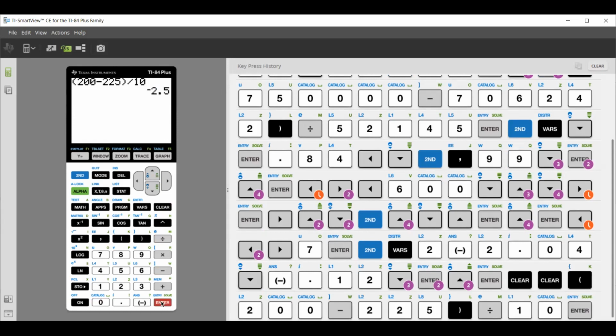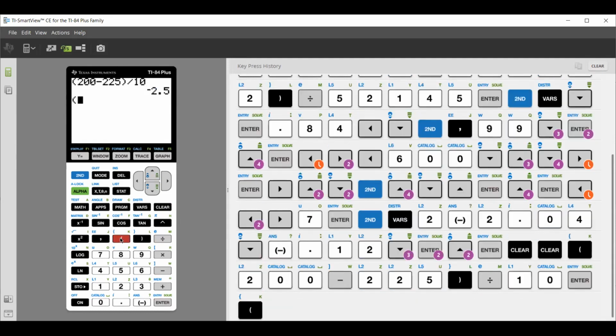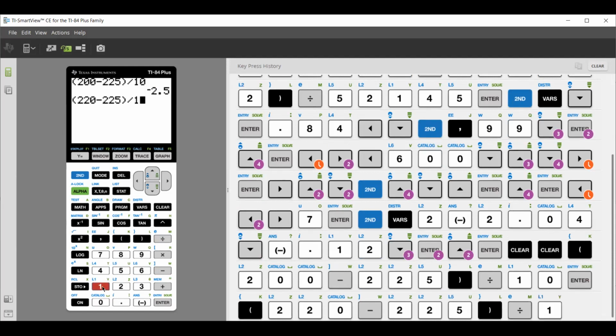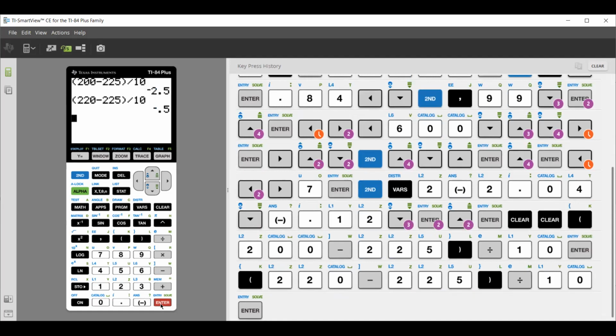Oh, that's nice. That's an exact negative 2.5, right? And the other one is going to be 220 minus 225 over 10. That gives you negative 0.5. Okay. Those are your z-scores.